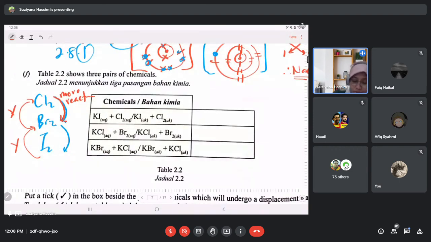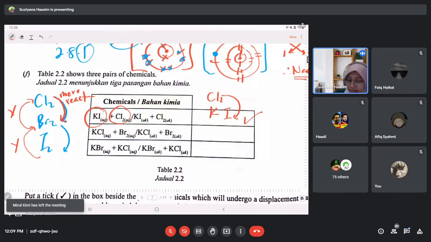So let's check this one. Can the chlorine displace the iodide from the potassium iodide? The answer is yes. Nampak? The position. Okay, next. Bromine and KCl. Can the bromine displace the chloride from the potassium chloride?